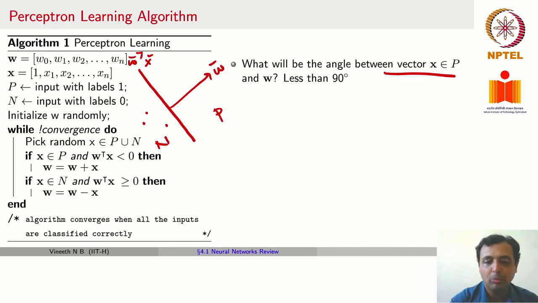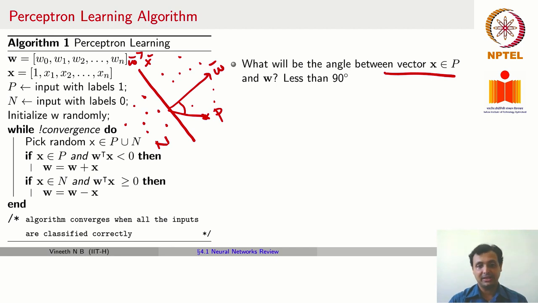All the input points which have a negative class are on one side of that line. All the input points which are on the positive side of the line belong to the positive class. So any point in the positive class lies somewhere here, which means its angle is going to be less than 90 degrees.